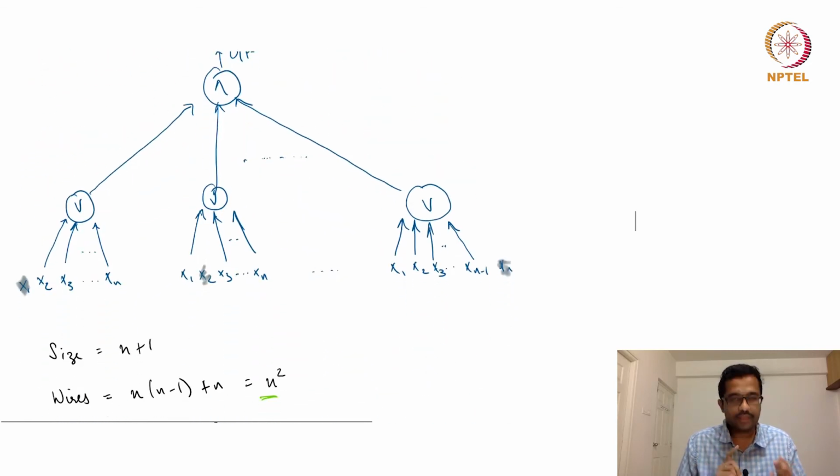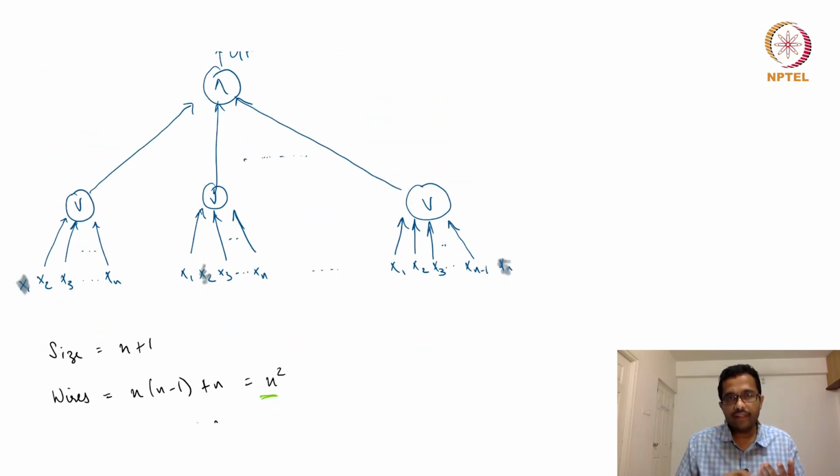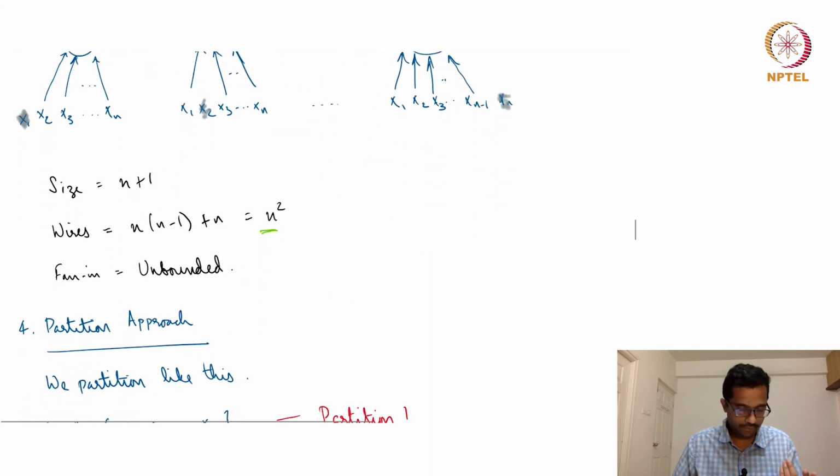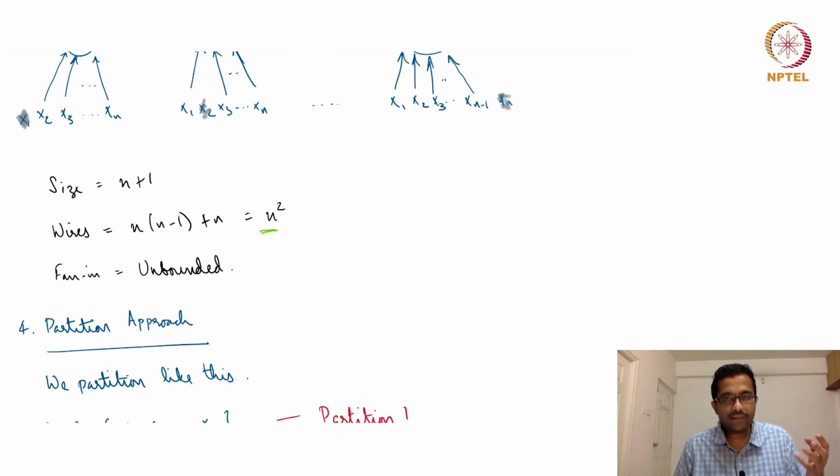And we saw the size, number of wires, and the fan-in of each of these approaches. And just to reiterate, parameters like size, wires, and fan-in are standard measures of circuit complexity. So just like we saw time, space, etc. in the case of the Turing machine model, these are the parameters that are considered for the circuit complexity model.